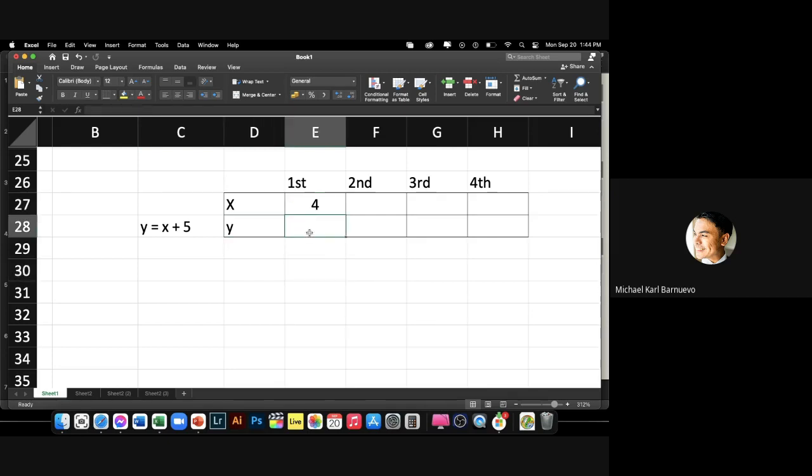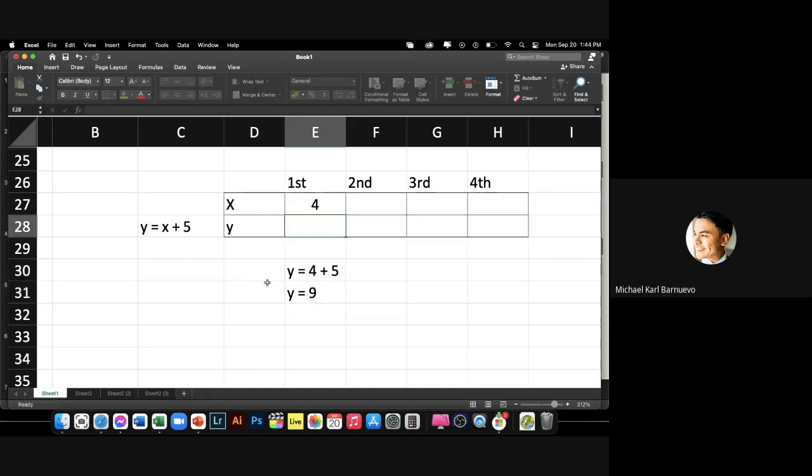Let's now compute for y. Okay, so substitute natin si x by 4. So, that is y is equal to 4 plus 5. Stay ka lang sa 4. Ayan. So, our y in this problem is now 9.